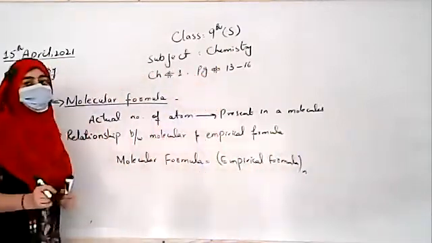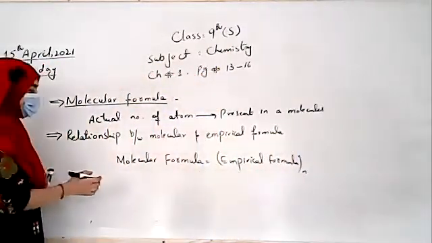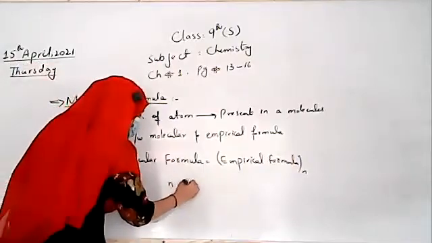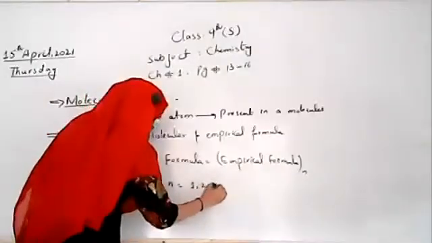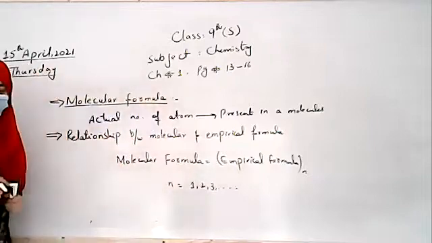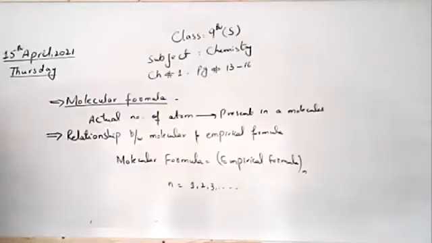N stands for a natural number, and n is equal to 1, 2, 3 and so on. In short, the molecular formula is the sum of all the atoms present in a molecule, it determines the number of atoms of element in a molecule.